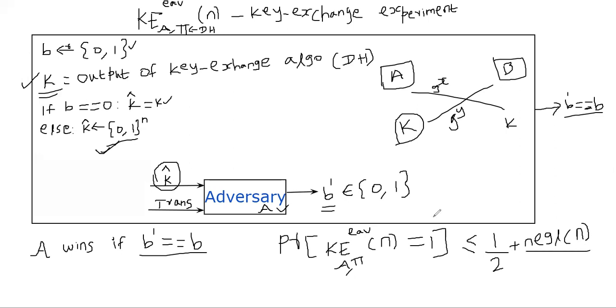We say the key exchange algorithm is secure if the probability that an adversary can win the game, meaning he was able to predict whether we are giving him the key from the protocol or from a random number, is bounded by half plus a really tiny number, which is a function of n. N is the key size, or security parameter.